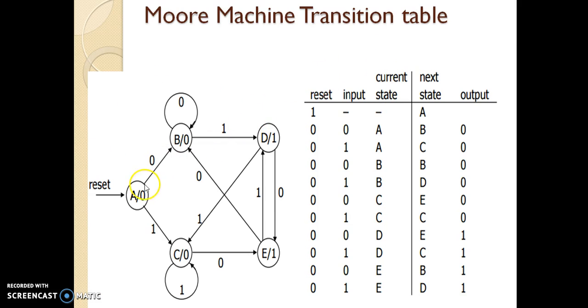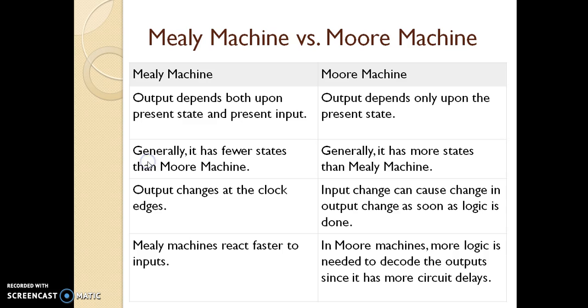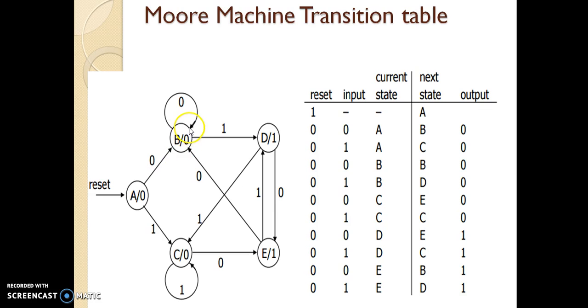So state A has output 0, state B output 0, state D output 1, like that. So we can move like A with 0 input. The transition will move from A to B with input 0 and output 0. Why? Because we consider the output of next state.